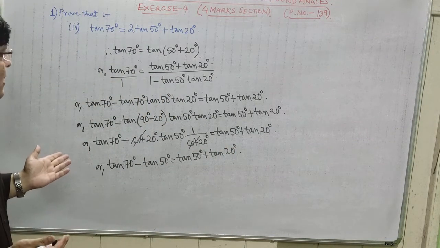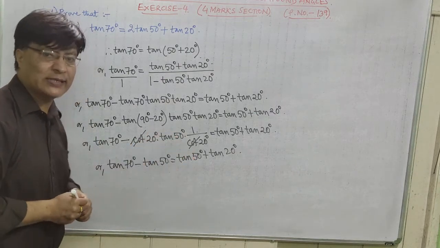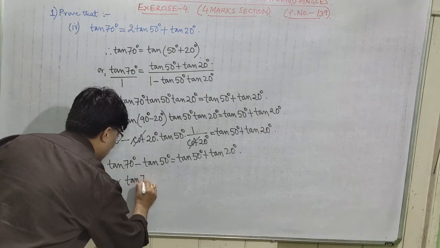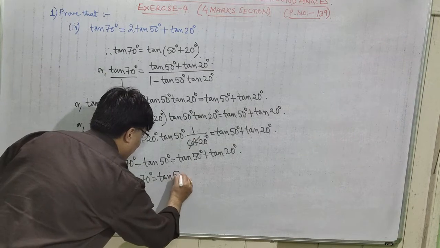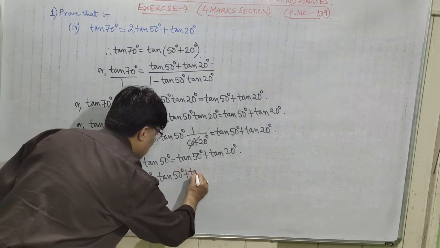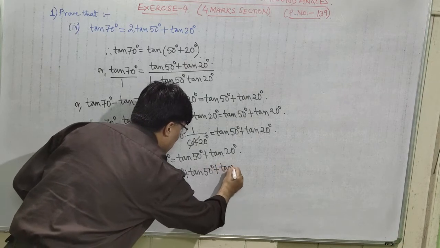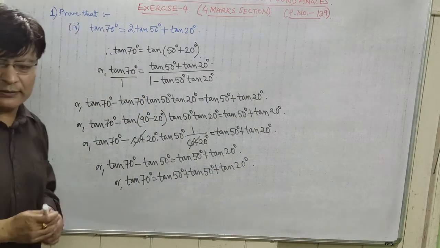So I think you have understood it. So now you can take this minus tan 50 degree to the right hand side, so that it becomes tan 70 degree is equal to tan 50 degree plus tan 50 degree plus tan 20 degree. Is that clear?